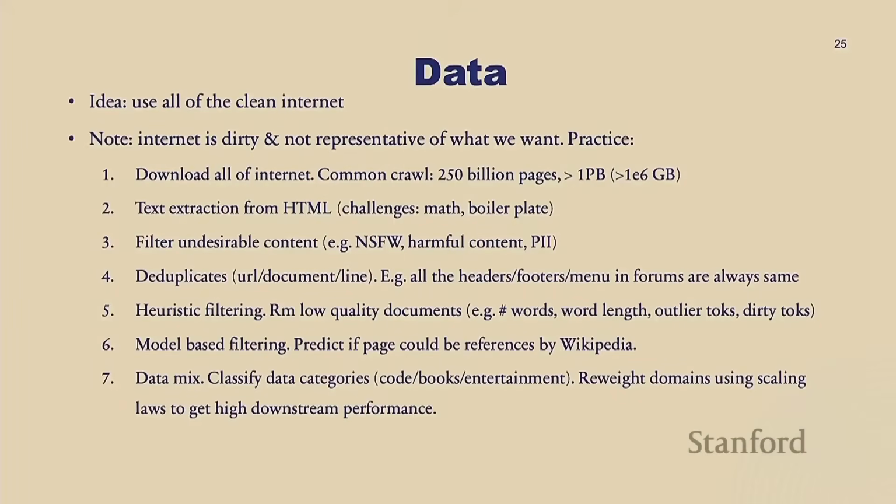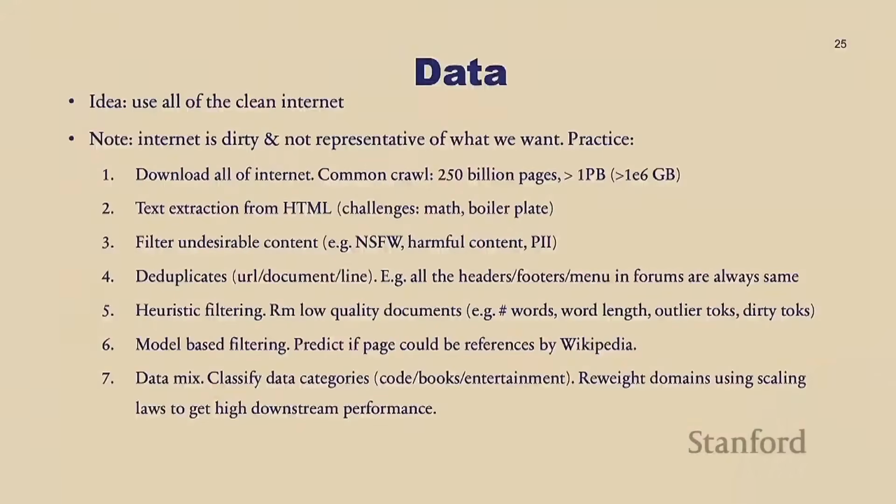Next one, you will try to classify your data into different domains. You will say, okay, this is entertainment, this is books, this is code, these types of domains. And then you will try to either up or down weight some of the domains. For example, you might see that if you train more on code, then your model becomes better on reasoning.